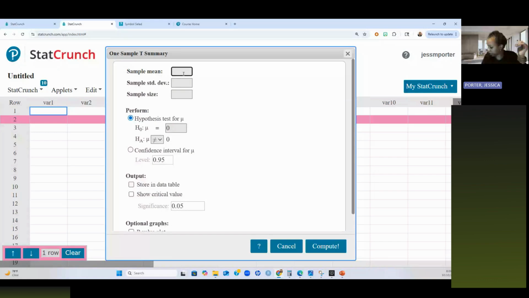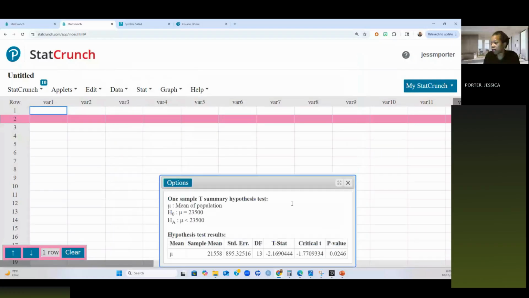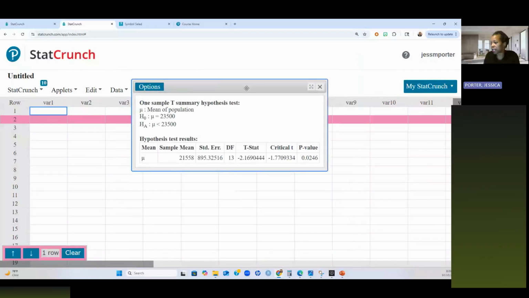So the sample mean was 21,558. Sample standard deviation was 3350. Sample size was 14. The hypothesis test value is 23,500. And this is going to be a less than. Let's show the critical value. And here's my test. My t-statistic is to the left of the critical t-value, and my p-value is less than 0.05, so I will reject the null hypothesis.